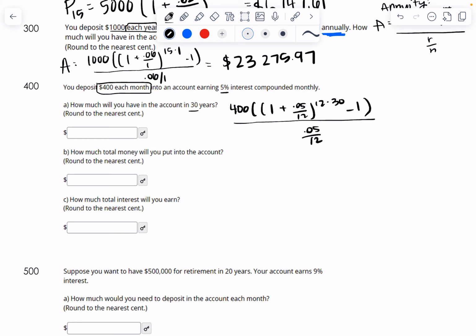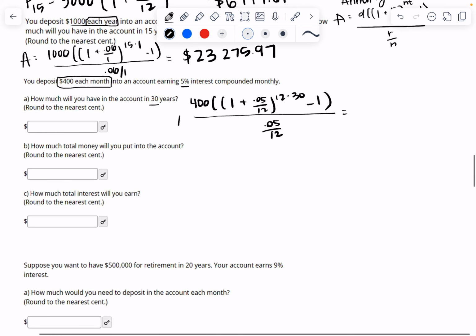Okay, and so for the first part, the amount in the account is $332,903.45.